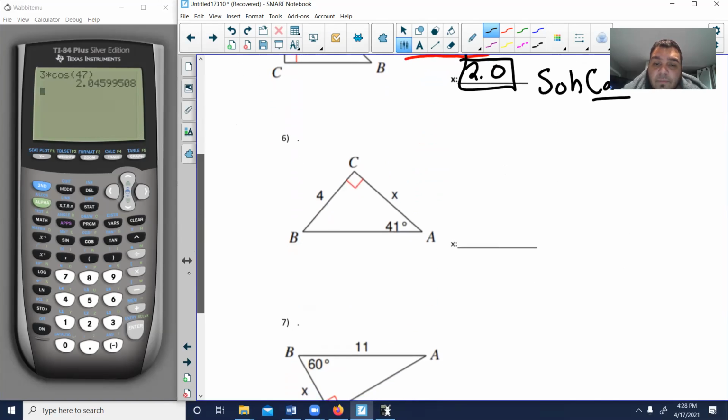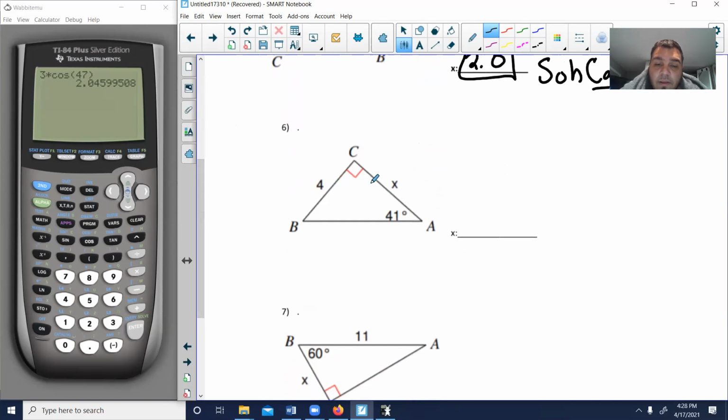Next one I'll do with you. Okay, looks like I have angle A again. This is the opposite, so I have an opposite. And this one is next to it, but this is the hypotenuse, so this has to be adjacent. So I have opposite and adjacent, so I have to look at my SOHCAHTOA, which one uses O and A. SOH uses the H, so that's not it.